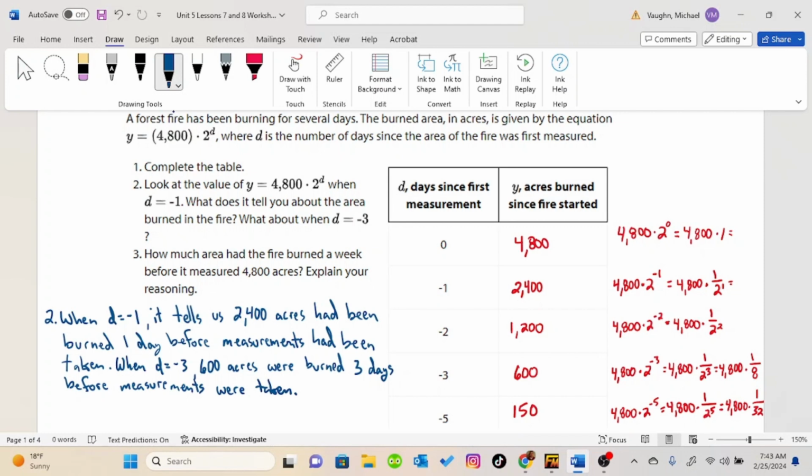Because remember, day 0 is the day that they took a measurement, so negative days would be days before measurements had been taken.